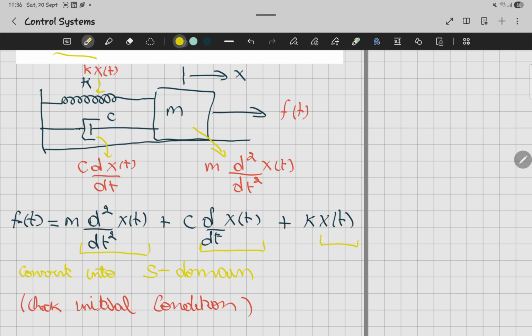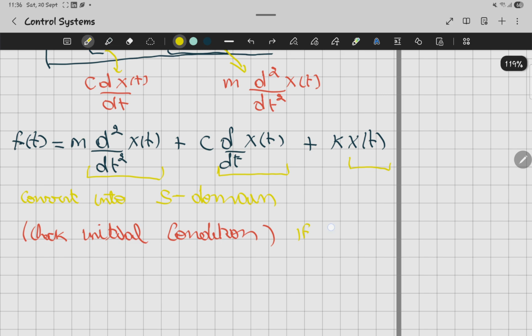But if the initial conditions are everything equal to 0, so let's say x(0) equals 0 and x'(0) equals 0. For example, that's what you're going to get in a case that you have initial condition.